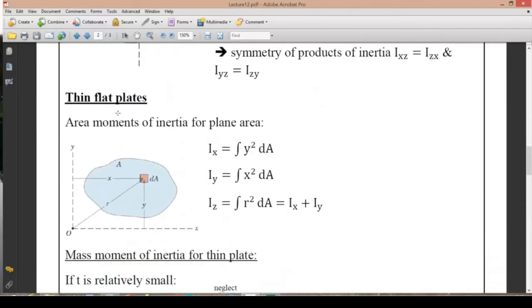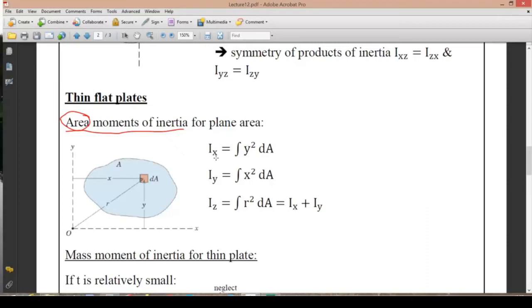Now, if you're going to consider thin flat plates, then we can use this idea about area moments of inertia. Now, the difference is that instead of mass, now we have area moments. And as you can see here, otherwise it's kind of like the same idea.